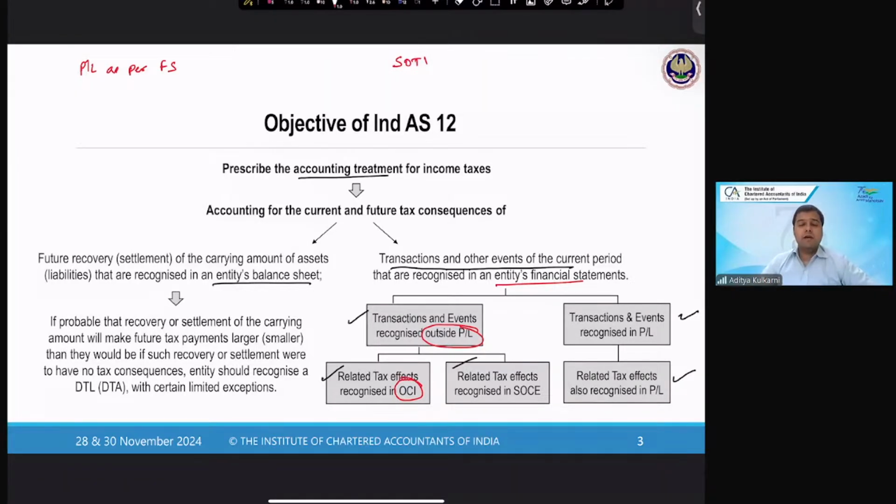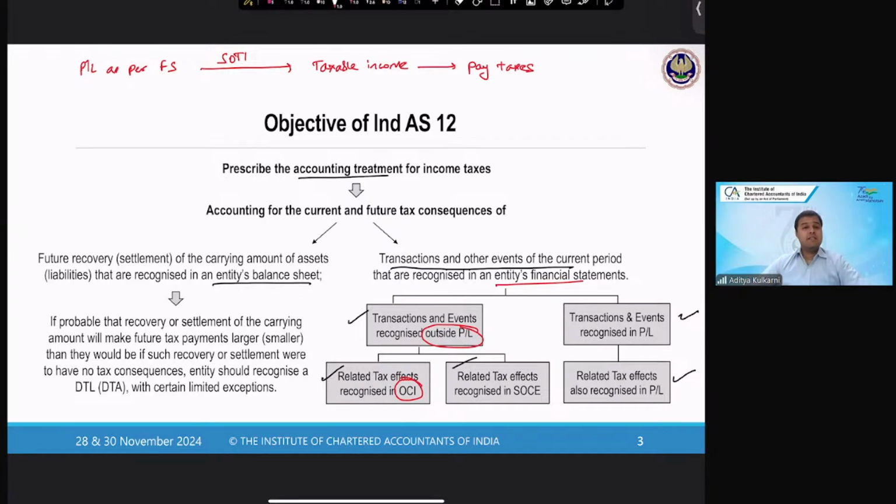For the final tax liability, you prepare something known as a statement of total income. With this, you arrive at the taxable income, and on this you will be paying the taxes.